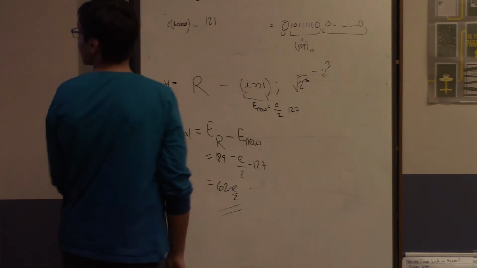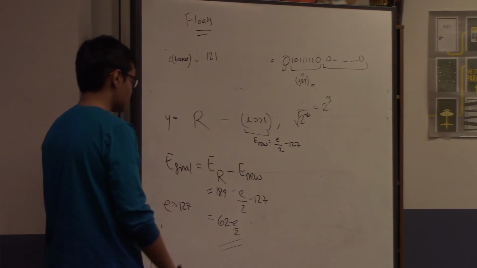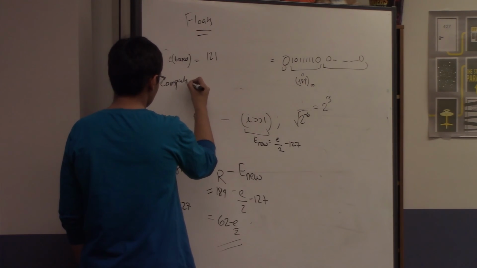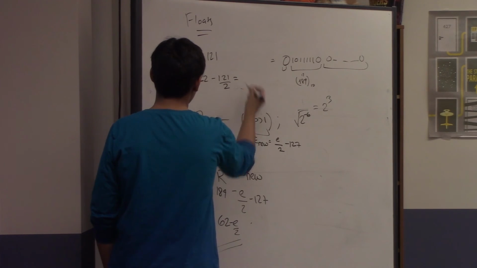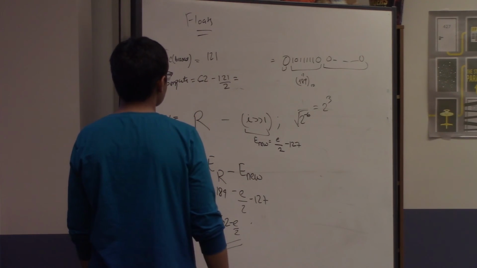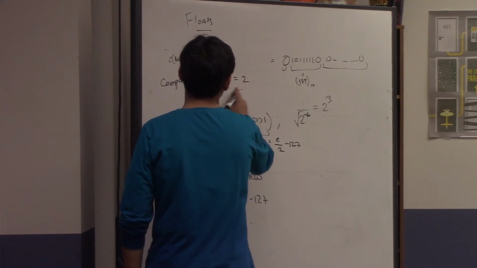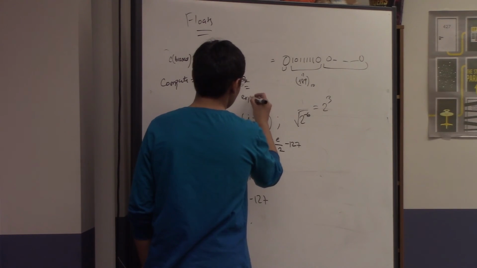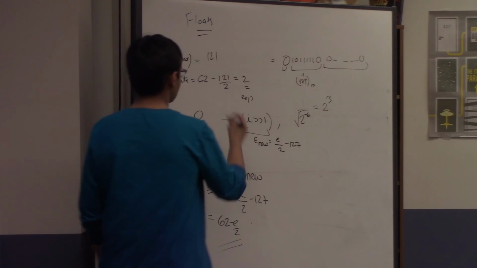From this we just get rid of 120. Actually we can just use that value there. So compute 62 minus 121 over 2. That gives us 62. So that's our new exponent. The 2 is our exponent in our function. So we wanted 2 cubed. Instead we just got 2 squared.